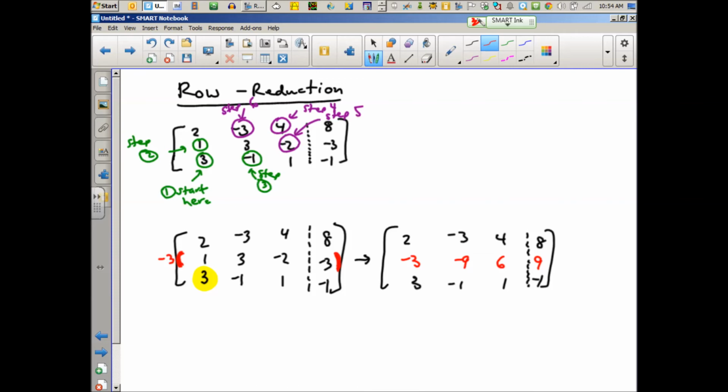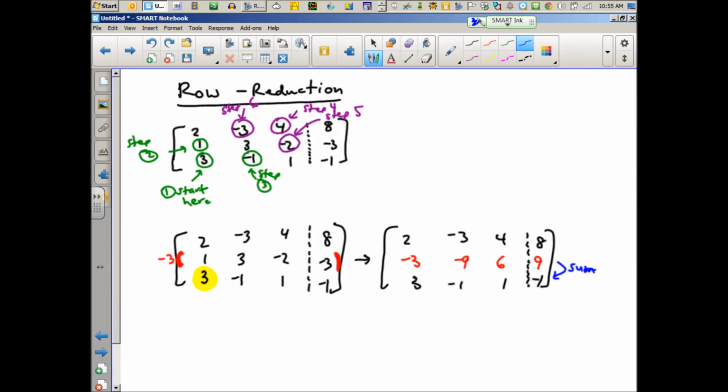Okay, then I'm going to add these two rows together. Sum is a noun and a verb, right? I'm going to find the sum by summing. The word here means I'm going to add them, and then the arrow means I'm going to place the sum on the bottom row. So when you add these two, you get literally 0, -10, 7, and 8.